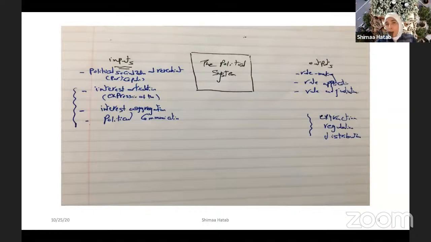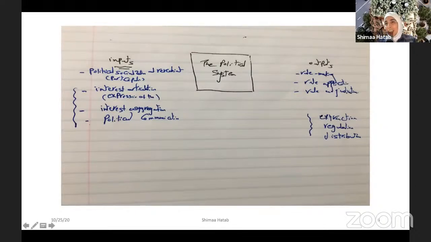These outputs correspond to the three branches of government. The legislature does rule making, how to promulgate and issue rules in order to respond to people's demands for participation and interest. Then application, the executive, would implement these rules. And then adjudication, the judiciary, how the judicial branch would solve or mediate disputes between different citizens.